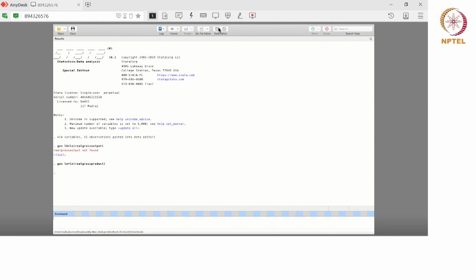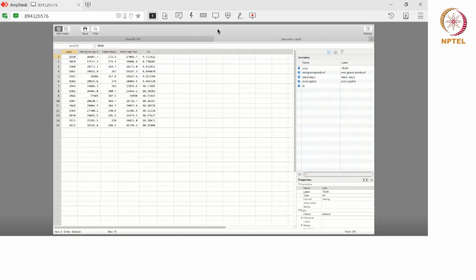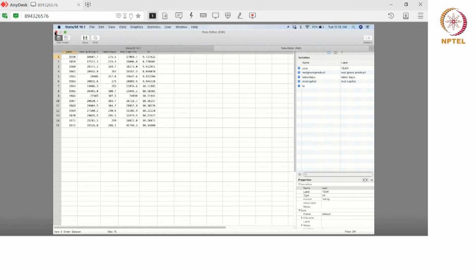Similarly, I can look at the variable names for the other ones, which are labor days and real capital. See, here L0 is there, so the variable is converted into log. The same way you have to convert these two variables.